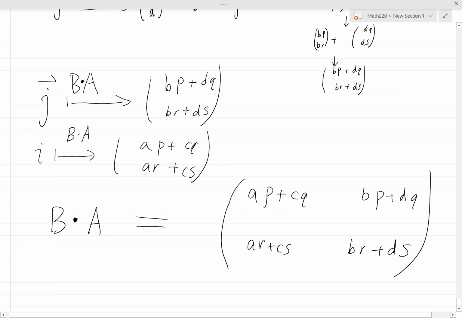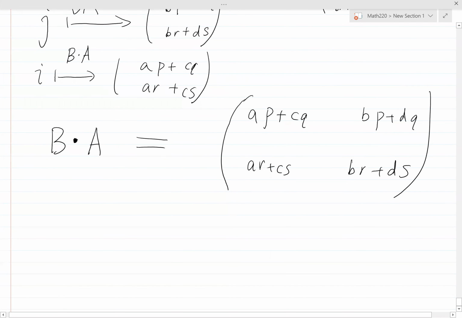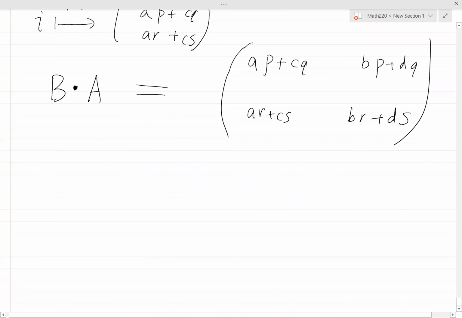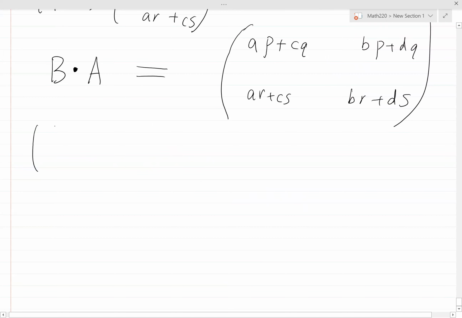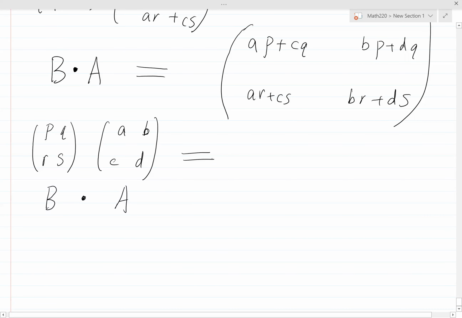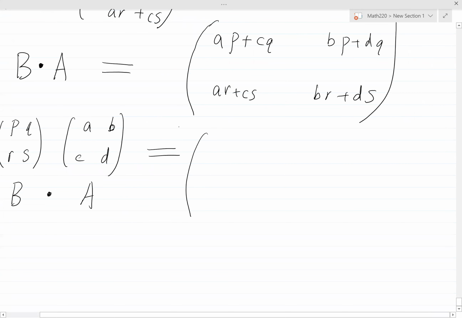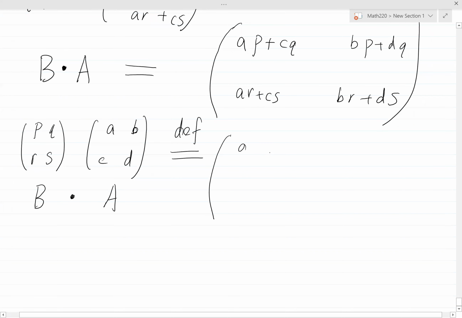So you see, if we have two matrices, we should define the multiplication. Remember, B is PQRS and A is ABCD. Now this is B, this is A. If we define an operation on this, then a natural definition is the following.